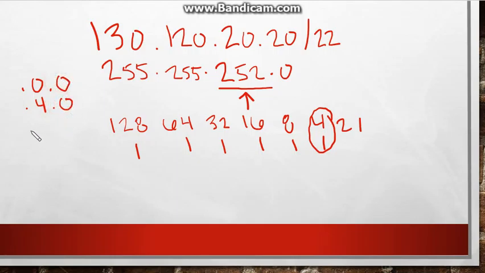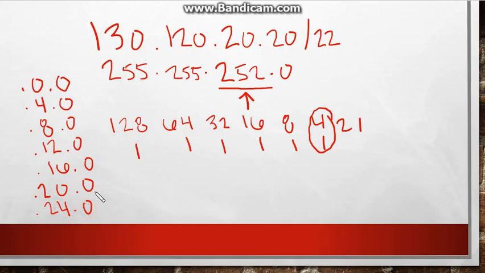So that'll be 0.0, 4.0, 8.0, 12.0, 16.0, 20.0, and we could keep going. We'll just go to 24. Remember, like I said before, this is the beginning of a new subnet.